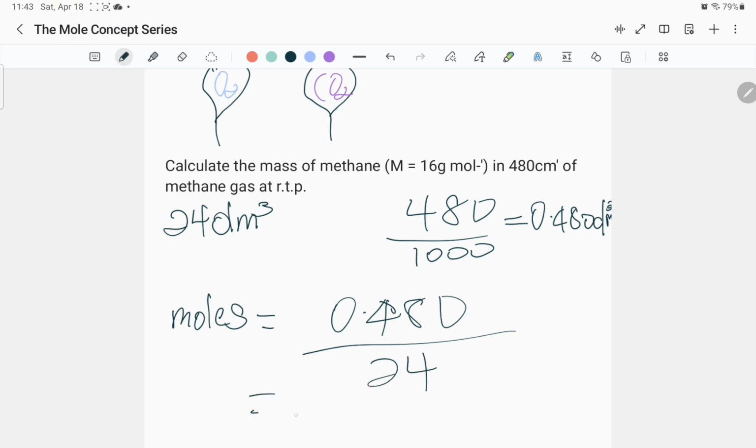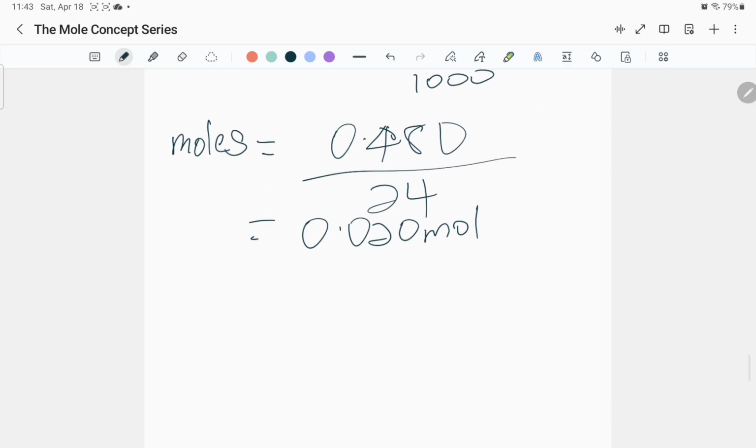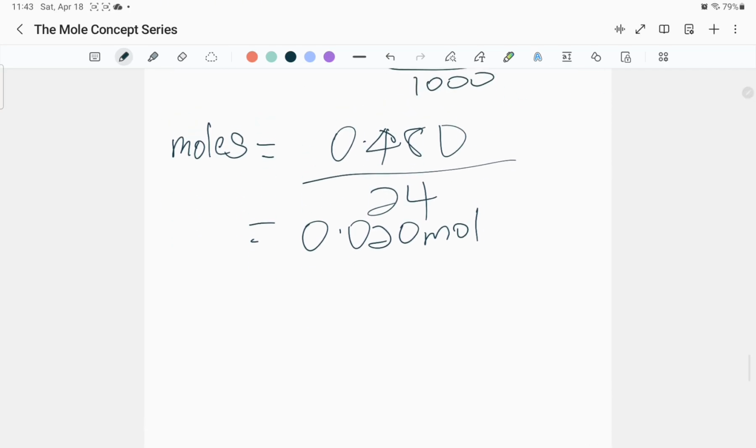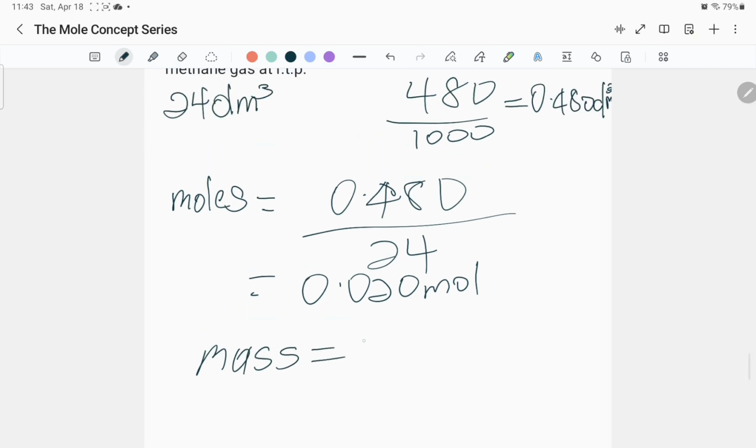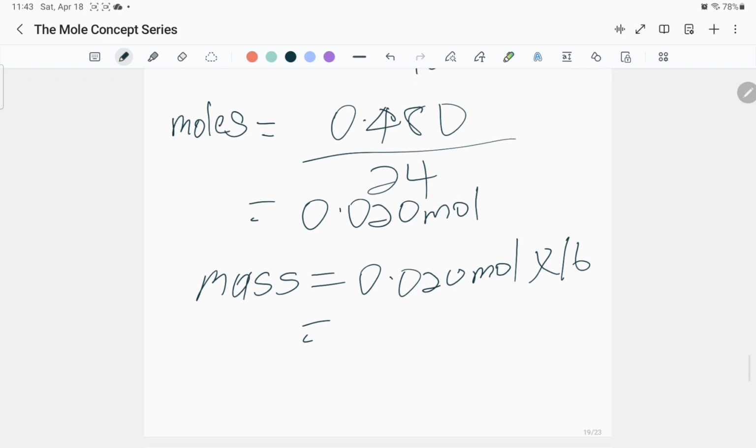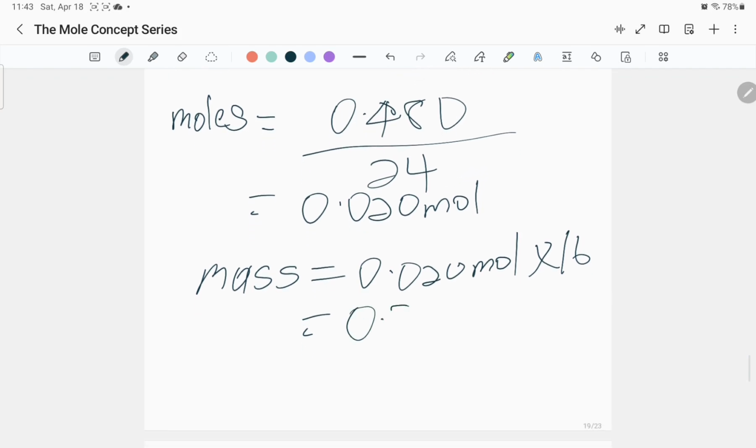That will equal 0.020 moles. And now that we have the number of moles, we can find the mass by taking the number of moles and multiplying it by the molar mass of methane. So 0.020 moles multiplied by 16, and your answer will be 0.32 grams of methane.